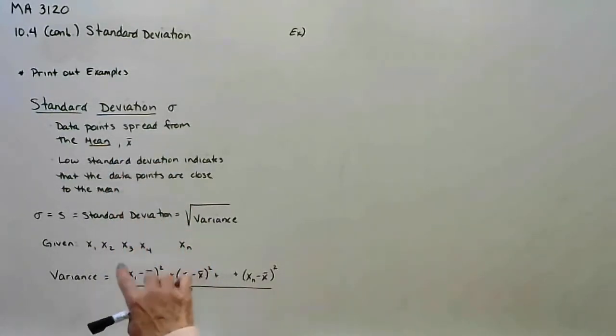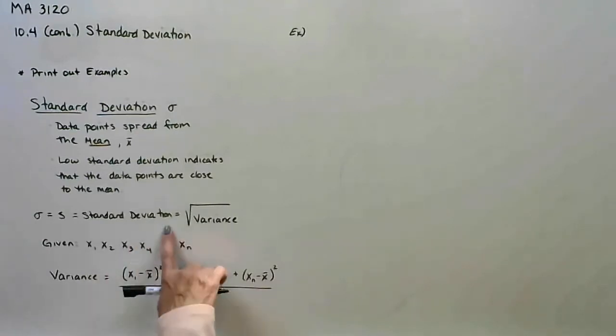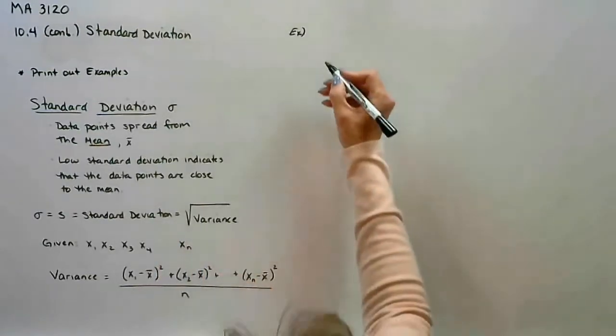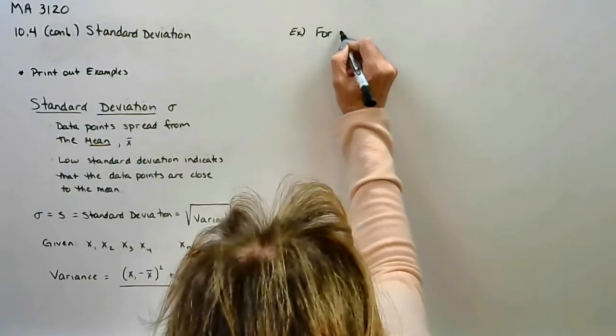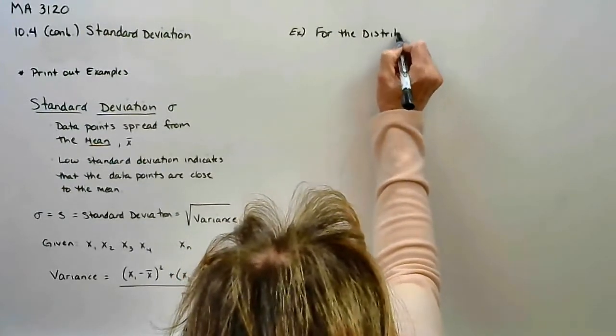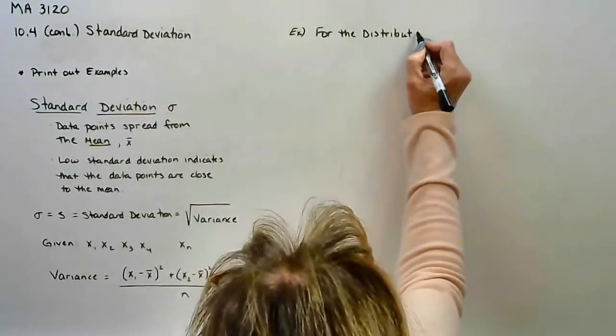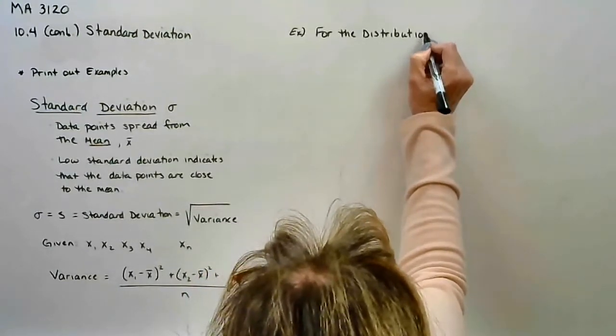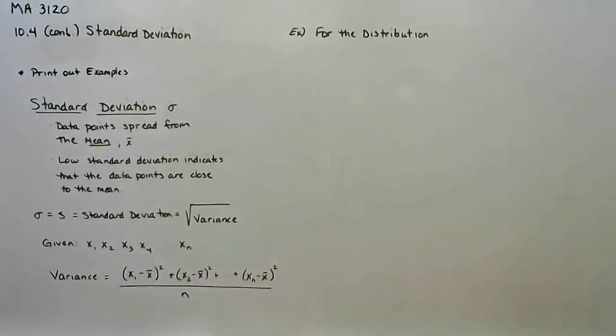Then we need to find the variance so that we can find the standard deviation. Then we'll construct a normal bell curve, okay? For the distribution, I didn't do very many points because now it's not about finding the mean. It's about calculating standard deviation and looking at what that looks like on a normal curve.